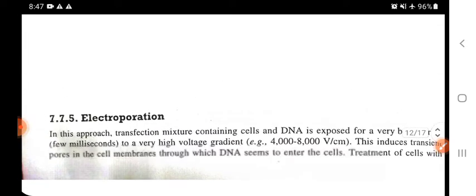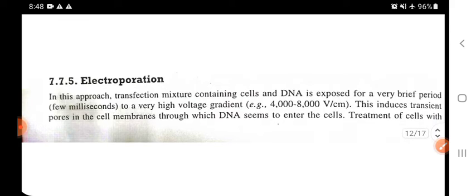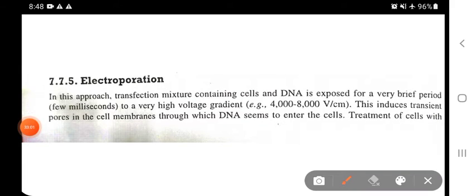Okay. So here we get a brief idea of electroporation. They have mentioned here what voltage is applied. This was specially taken from animal biotechnology. When they say electroporation, you can write it with respect to plant cells and animal cells.